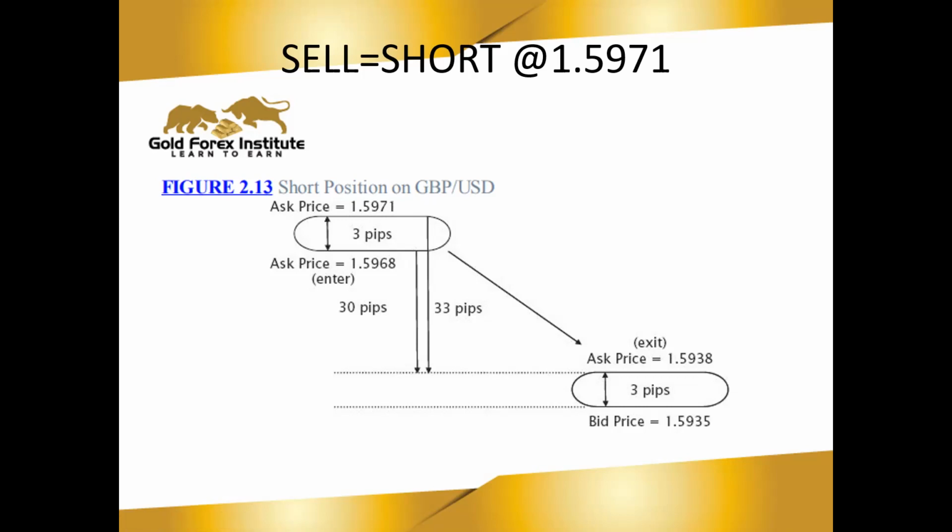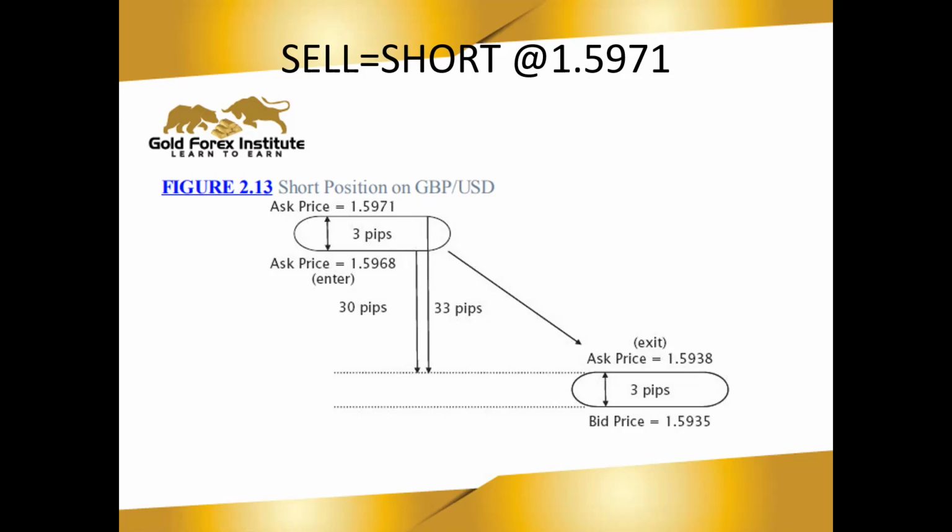The other day we were dealing with pips, and I said pip is just the 4th decimal place. When you pick the currency pairs, this is the pip position, and that is the smallest movement that the price can move.